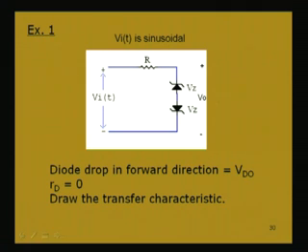Vd naught is the diode drop in the forward direction, because in the forward direction the Zener diode can conduct and it will have the normal voltage drop like a normal diode, Vd naught.